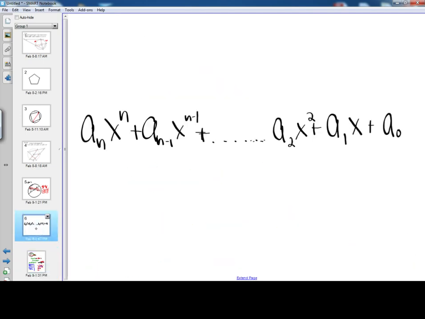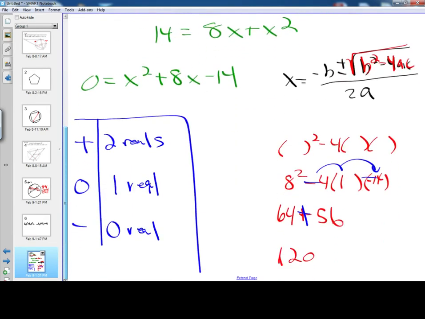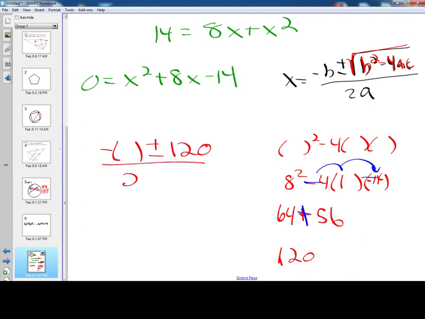So I'm going to continue with what I was doing. Here we go. So this is a side note, going to go away. Bye-bye. Let's finish up the quadratic. Opposite of b, plus or minus the square root of 120 over 2 times a. b was 8, a is 1. So I've got negative 8 plus 120 divided by 2.